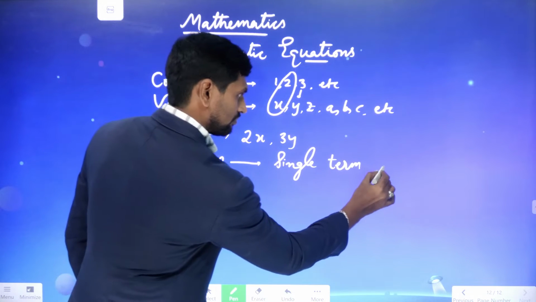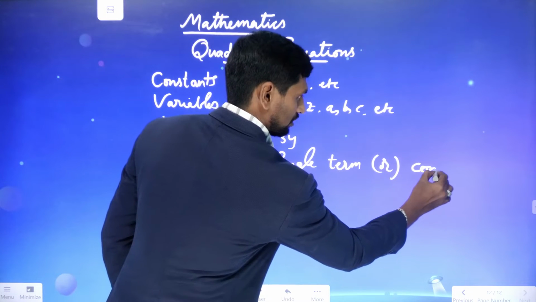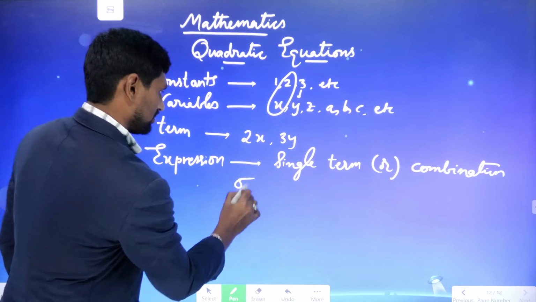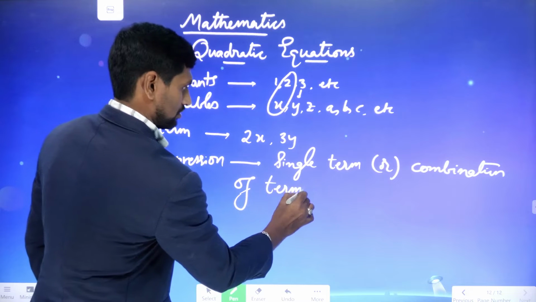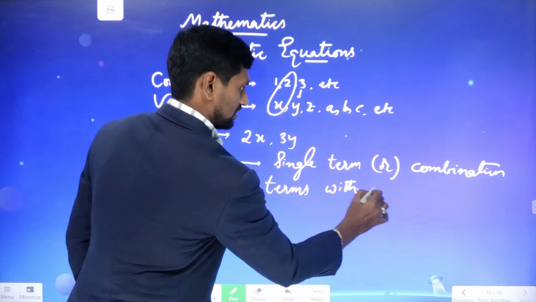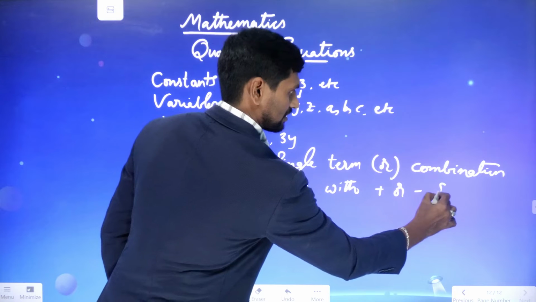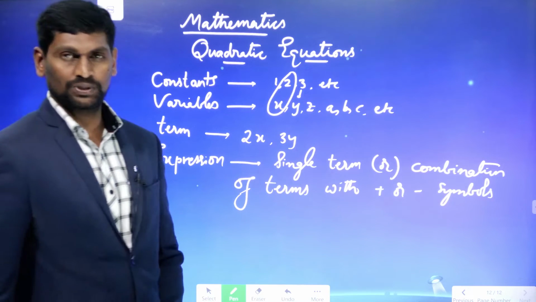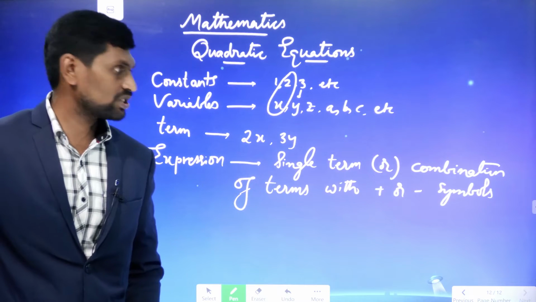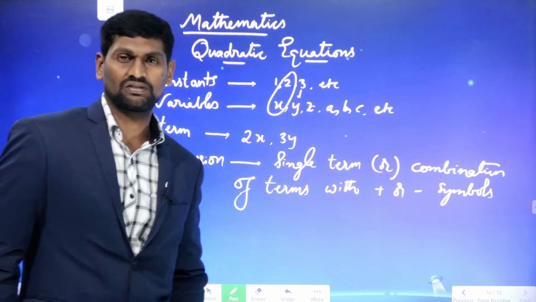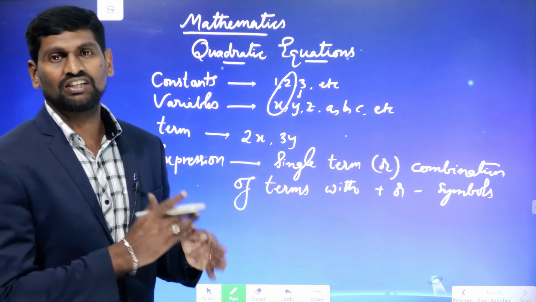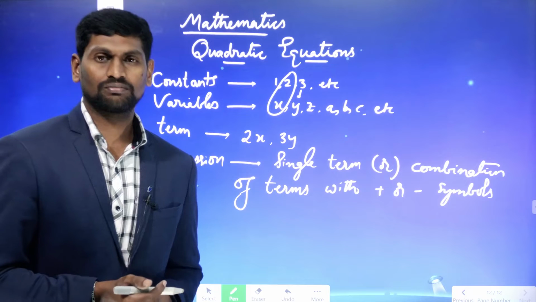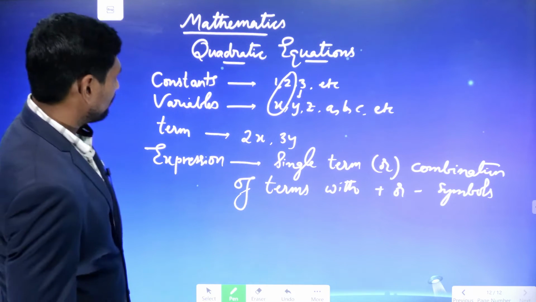A single term or combination of terms with plus or minus symbols is called an expression. So from this we are saying that plus and minus symbols are separating the terms or combining the terms. Okay? Right.